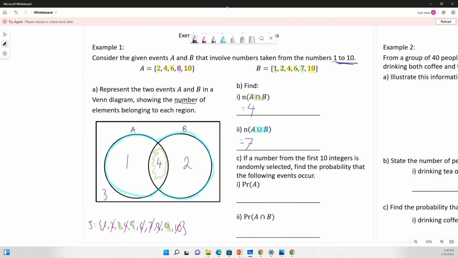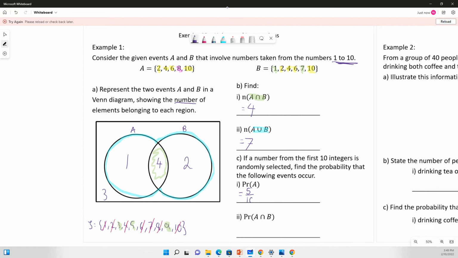So for A, we're talking about the probability of getting a number from set A. There's one element here and there are 4 elements here, so our numerator is five possible outcomes that lead to the event of getting something from set A. The total number of numbers in our sample space is 10.